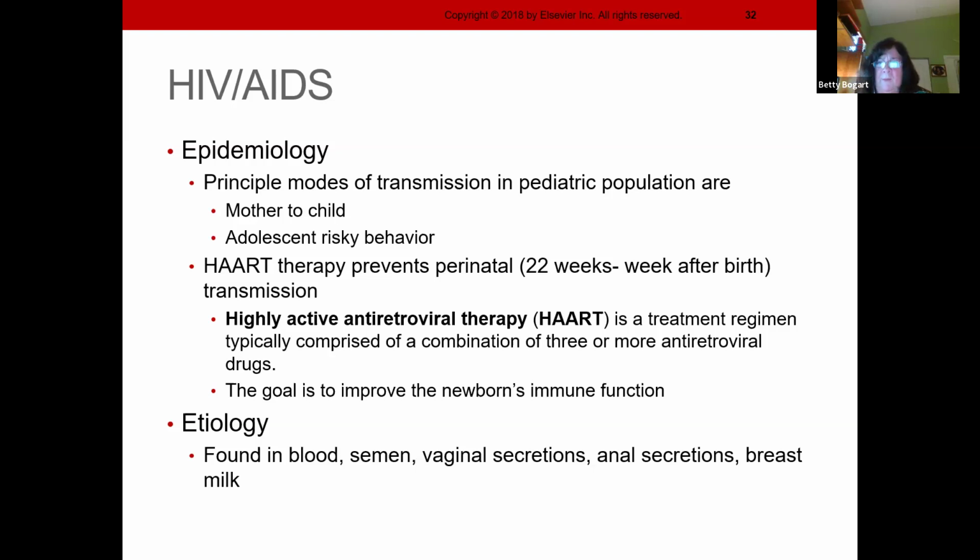Now, remember, infants are born with a very minimal immune system. And if they've gotten it from mom, the immune system is low. So we need to give those antivirals to boost and improve that newborn's immune system.